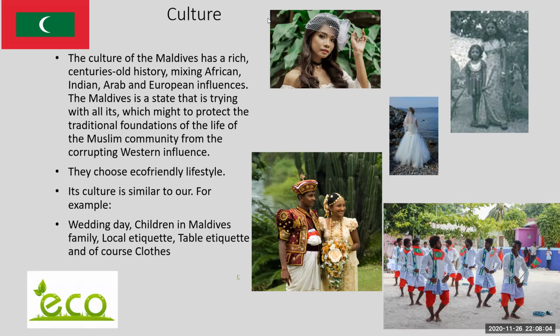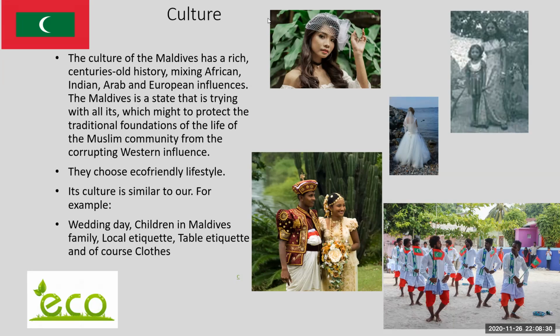For example, wedding day, children, Maldives family, local etiquette, table etiquette, and of course, clothes are very close to ours. But they have some differences because of the geographical position, which is different. Yeah, and by the food, as I said, the main ingredients of Maldives are rice and gifts of the Indian Ocean there.